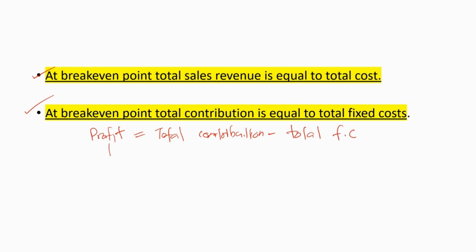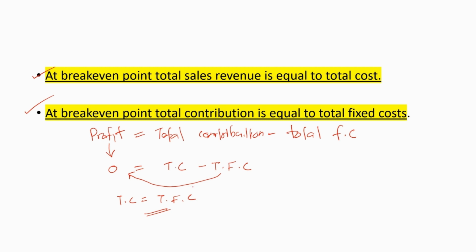This means profit is equal to 0. So 0 is equal to total contribution minus total fixed cost. We can bring this fixed cost amount to this side. So total contribution is equal to total fixed cost. This is the characteristic of break-even point.